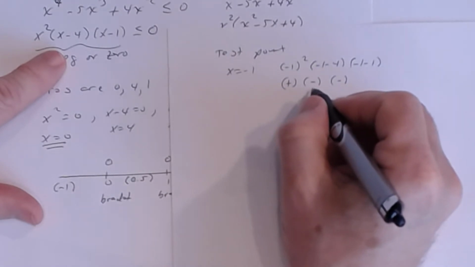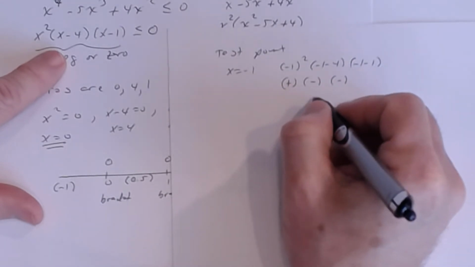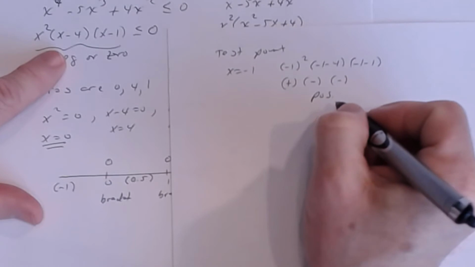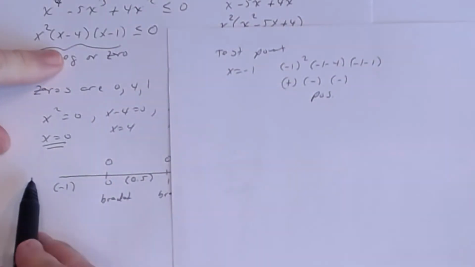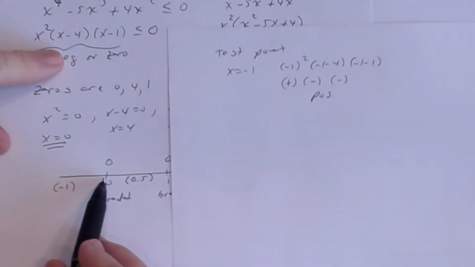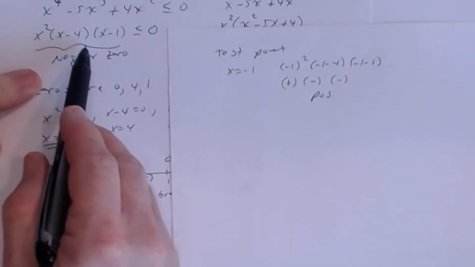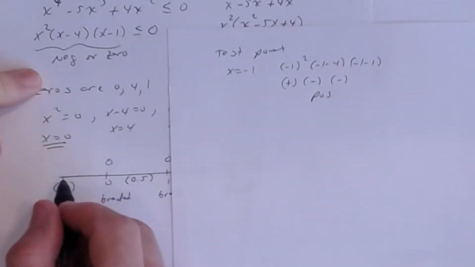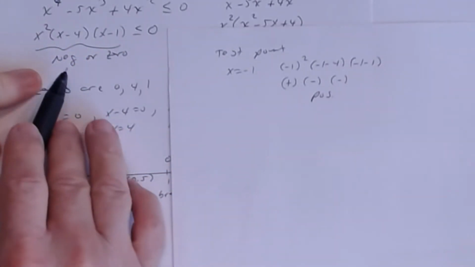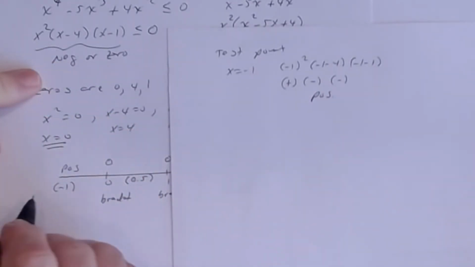So a positive times a negative is a negative, and a negative times a negative is a positive. So any number between -infinity and 0 will make this product a positive number. But I want this product to be negative or 0, so that's something I'm not going to use.